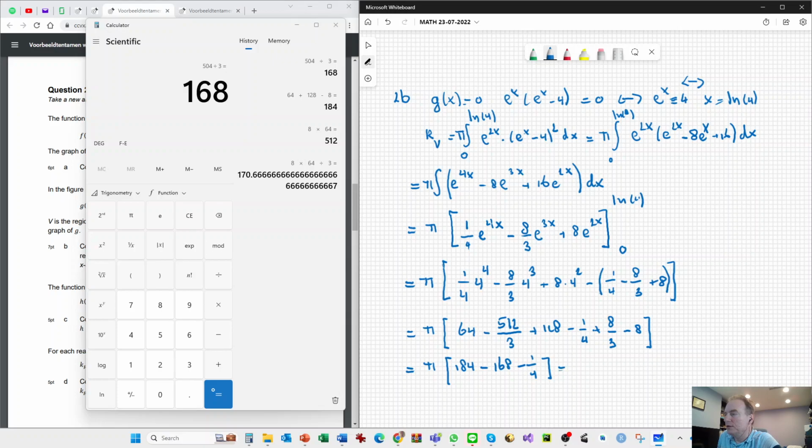So this is pi, 184 minus 168. Let's see, 16. That's 16 minus 1/4 is pi, and this is 15 and 3/4.